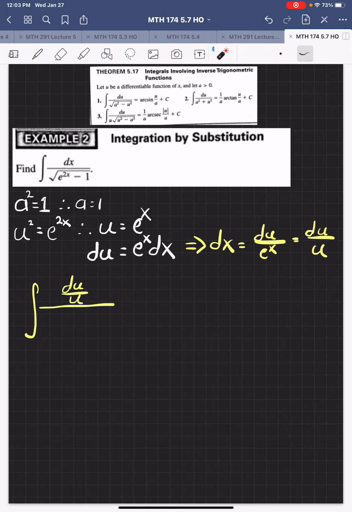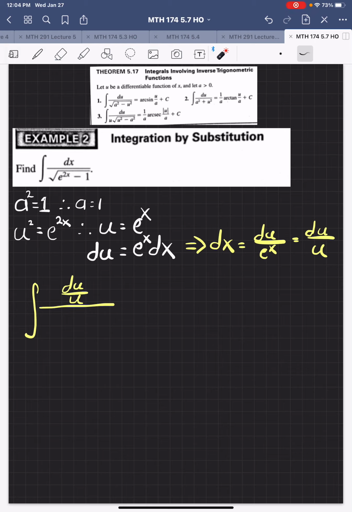If someone is thinking, why doesn't my professor keep that e to the x here? Just think about that question. If you're going to integrate with respect to u, then everything inside the integrand has to be in terms of u. If I put an e to the x here, then I have x's and u's in my integrand. I need everything in the integrand to be the same variable.